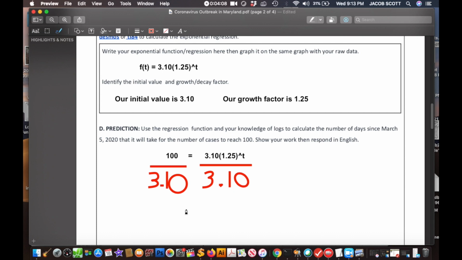Now 100 divided by 3.10. I'm going to pull out my calculator. Not that I really need it, but I just want to save a little bit of time.